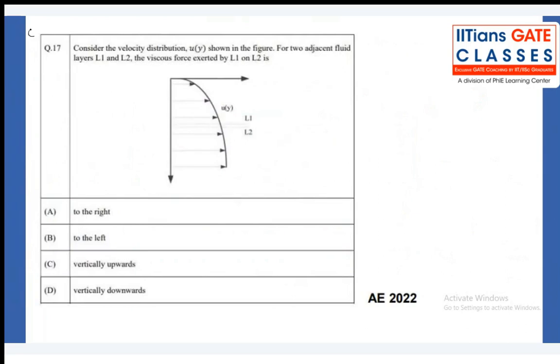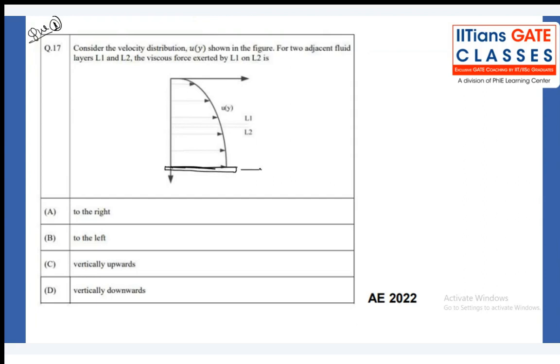Now we will look at some questions. You can see question number 1. Consider a velocity distribution of u as a function of y. For two adjacent fluid layers L1 and L2, the viscous force exerted by L1 onto L2 will be what?